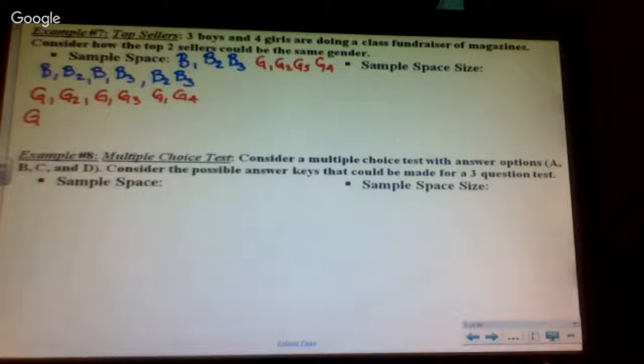Now go to girl 2. I've already paired her with girl 1, so who else can I pair her with? 3 and 4. Girl 2 and girl 3, girl 2 and girl 4. And then finally move on to girl 3, who can only be paired with girl 4. How many total is that? 6 and 3, 9. 1, 2, 3, 4, 5, 6, 7, 8, 9.